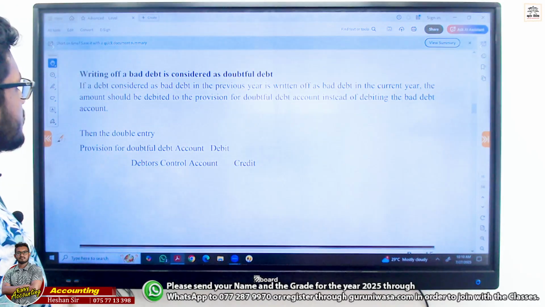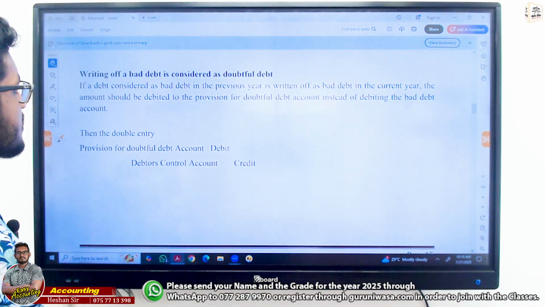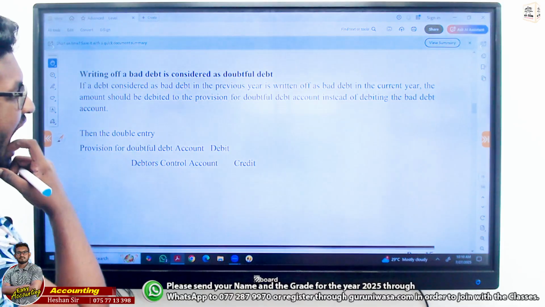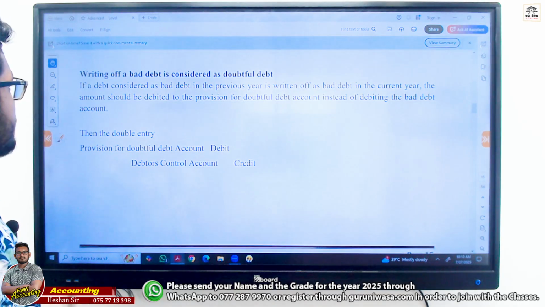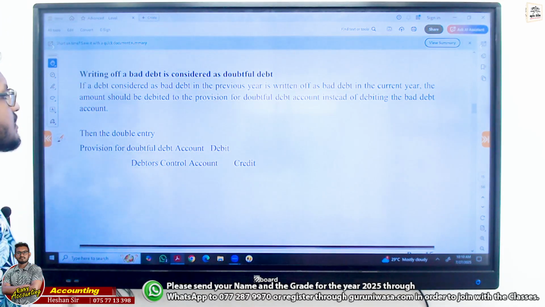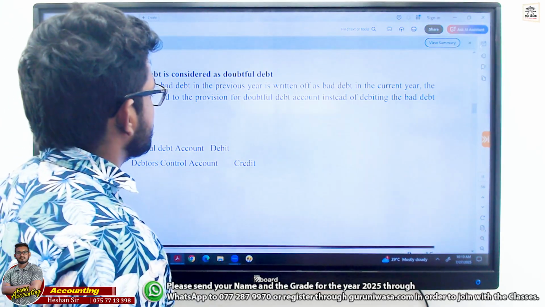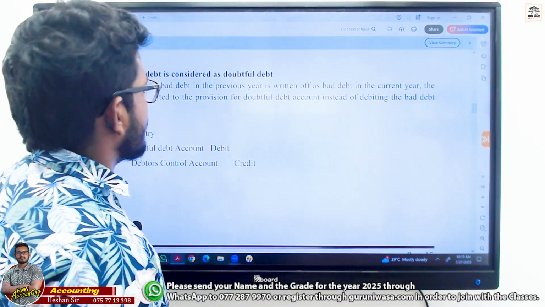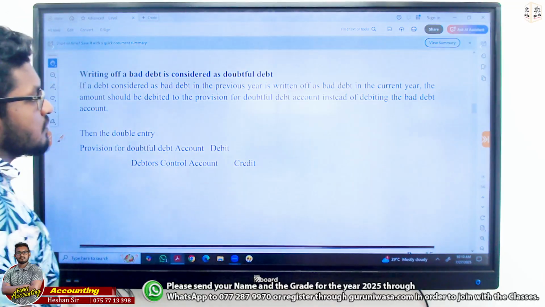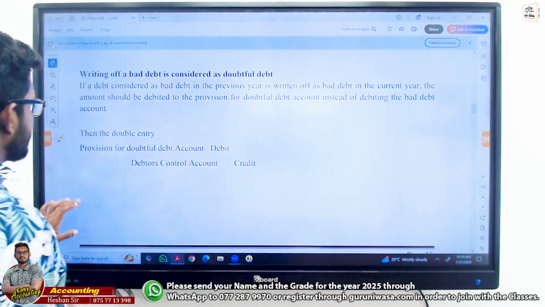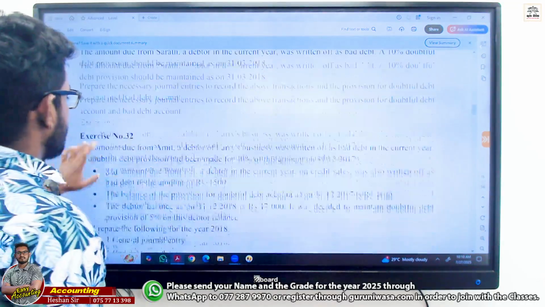Writing off a bad debt is considered as doubtful debt. If a debt was considered as bad debt in the previous year and written off as bad in the current year, the amount should be debited to the provision account instead of being debited to bad debts. I'll explain this one next week.